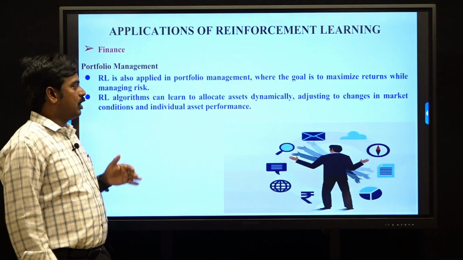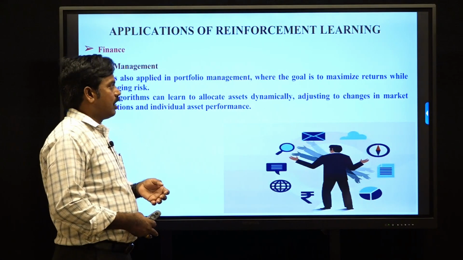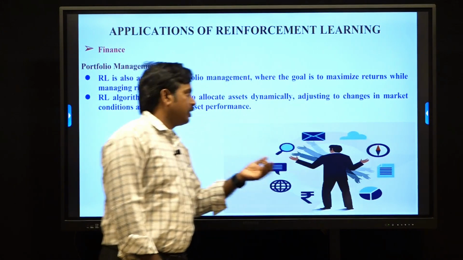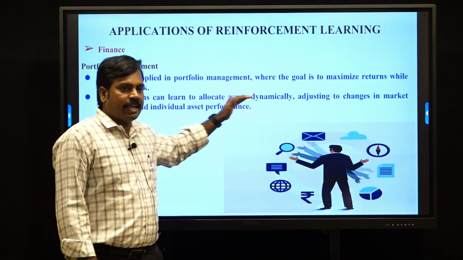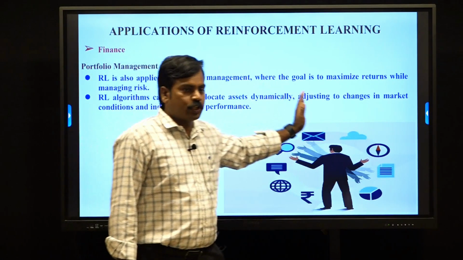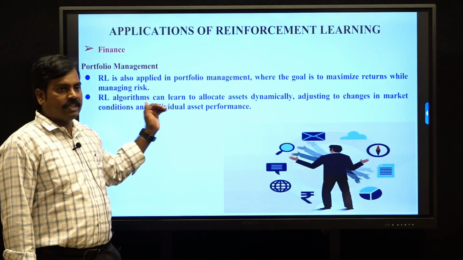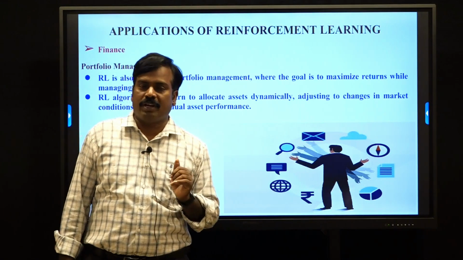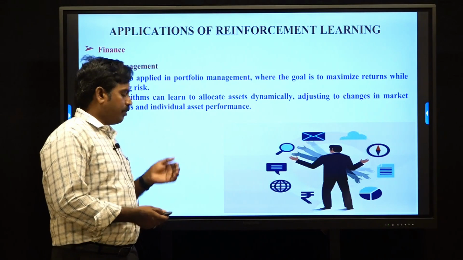Reinforcement learning can learn to allocate assets dynamically, adjusting to changes in market conditions and individual asset performance. So in finance we use it for algorithmic trading and portfolio management.